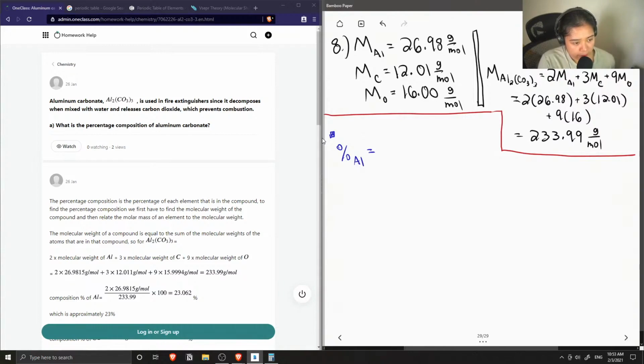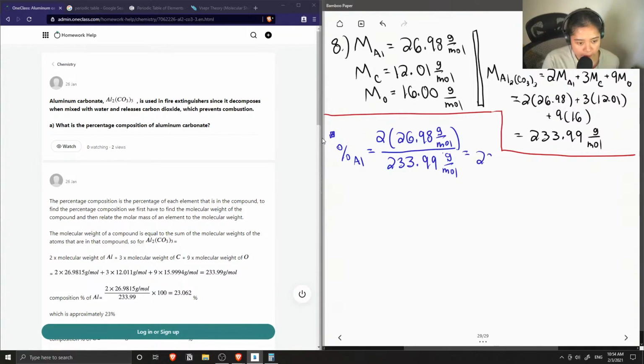We have 2 atoms of aluminum in aluminum carbonate, and we know the molar mass of aluminum is 26.98 grams per mole. So now we just divide this by the total molar mass, which we found to be 233.99. So we get a percent composition of around 23.1%. And this is for aluminum.